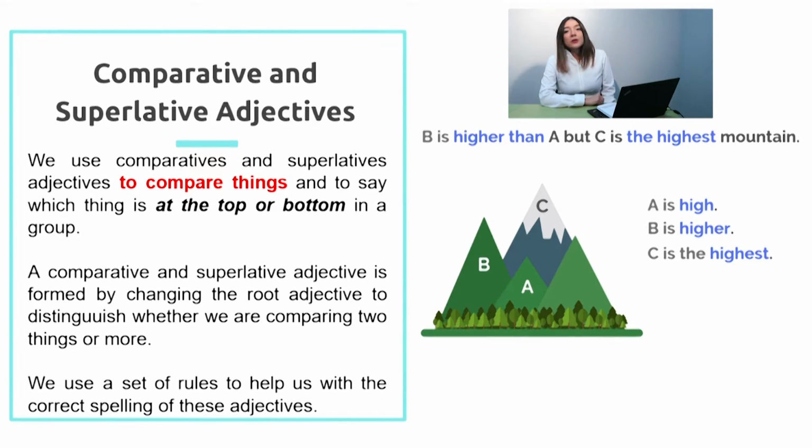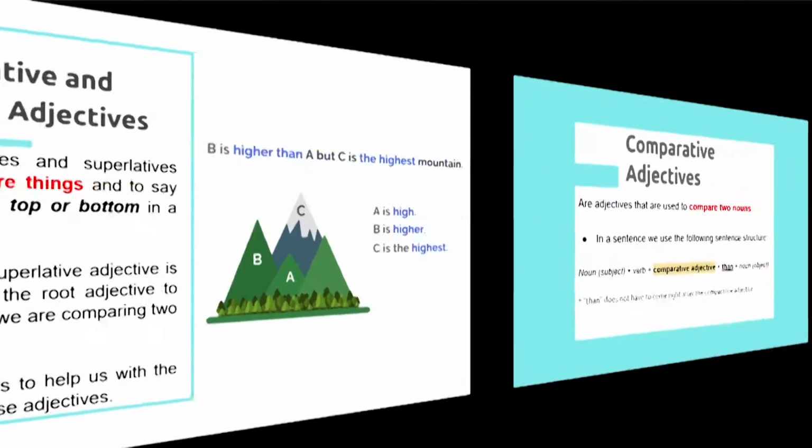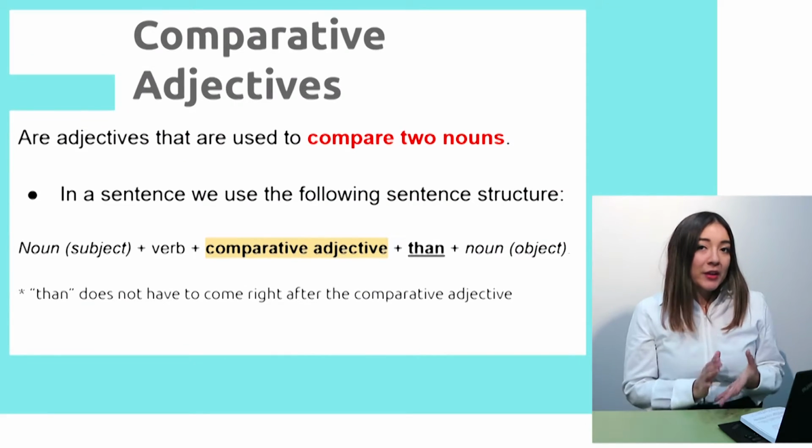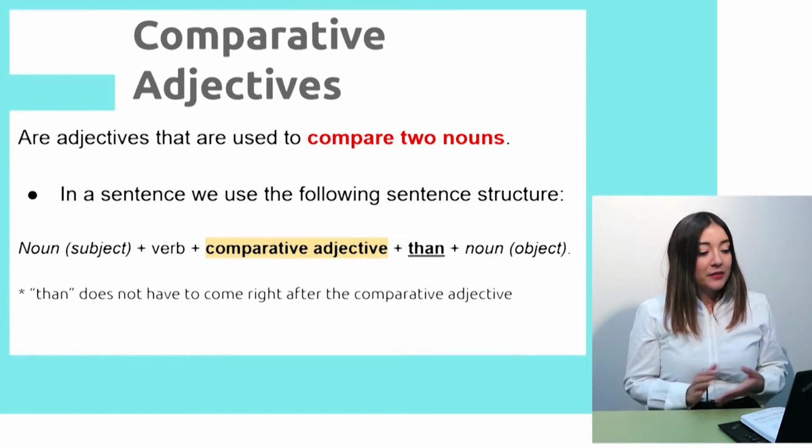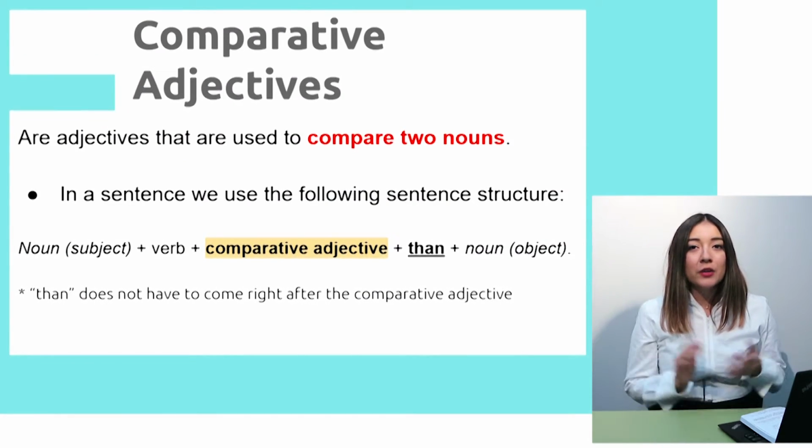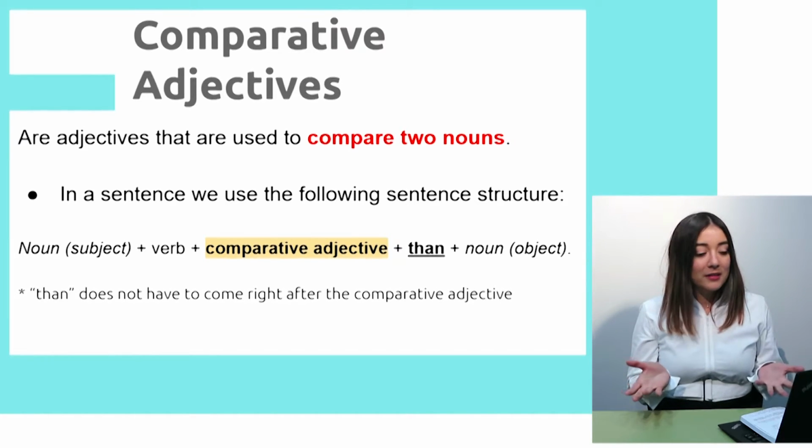In order for us to understand how to change the root adjective, we must learn some basic rules regarding the spelling of comparative and superlative adjectives. Okay, let's get started. When looking at comparative adjectives, we are looking to compare two nouns or things.